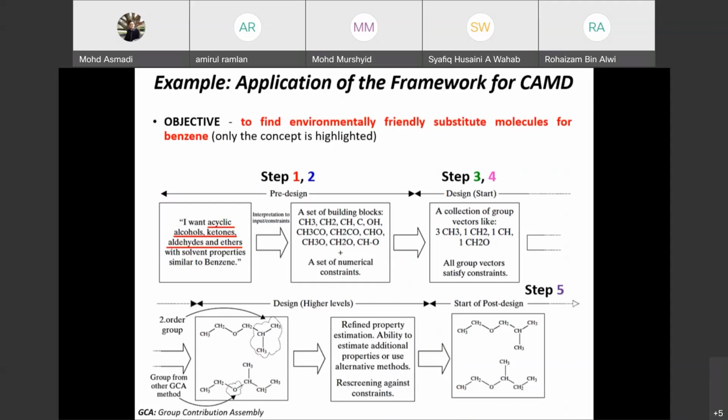What else? Dimethyl, diethyl, saya lupa. Dichloromethane saya lupa pula. Okay. So yang tu semua memang carcinogenic. We have to replace with another solvent ataupun components lah.